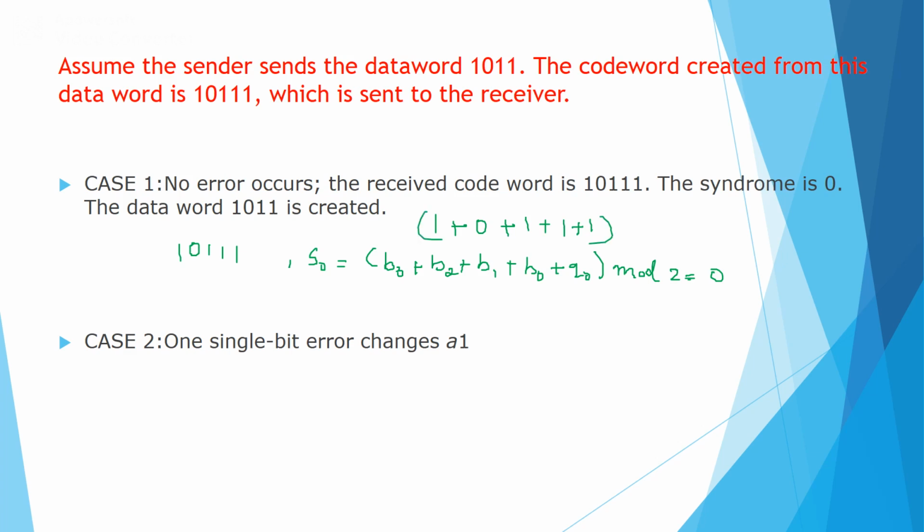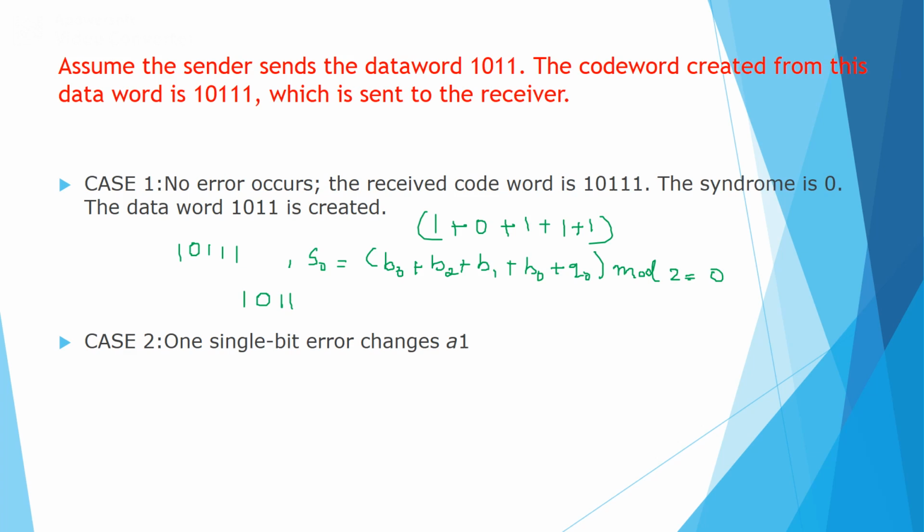Therefore, we can remove the parity bit, and the data word created will be 1011.